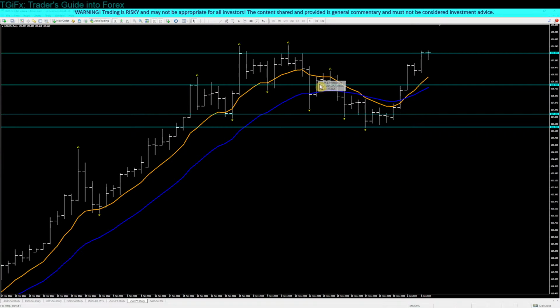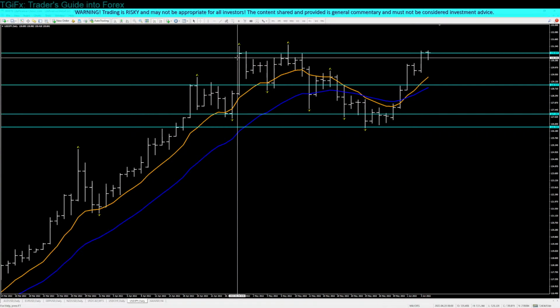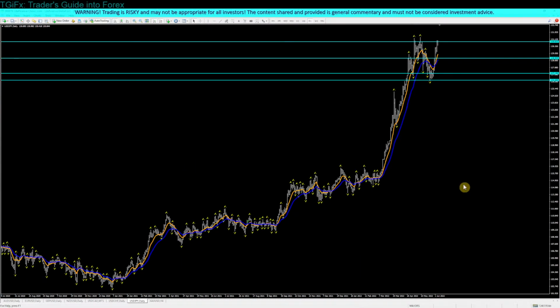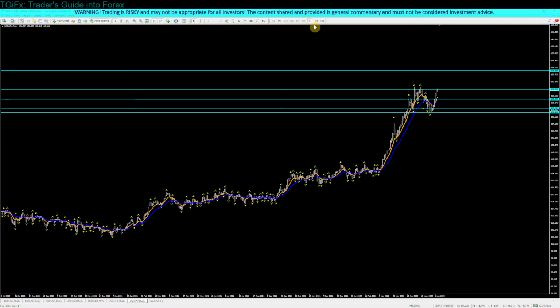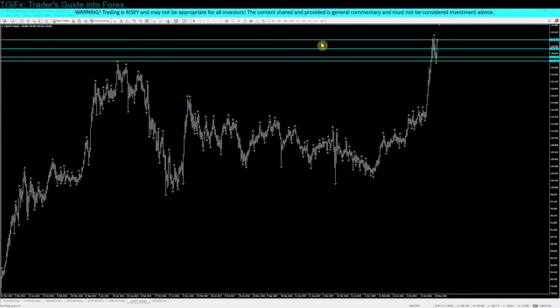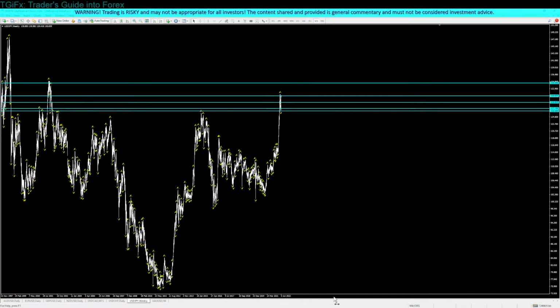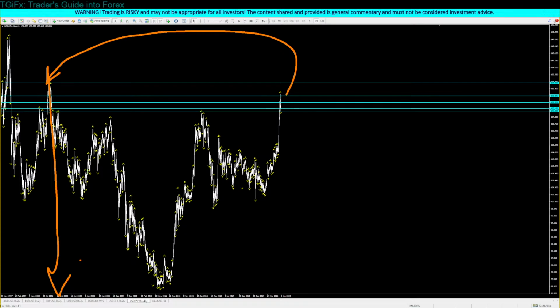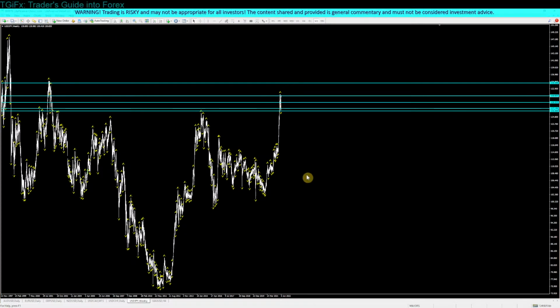The last time it was there was at the beginning of May, or towards the end of April, beginning of May. So kung mapapansin nyo, tinetest nyo ulit yung level na yan. If you are going for a weekly chart, you can just zoom out further at mapapansin nyo, if that price breaks out, then you could be seeing that price bouncing back again to where it was back in 2001, 2002. Right? So tingnan natin kung kaya ba talaga.